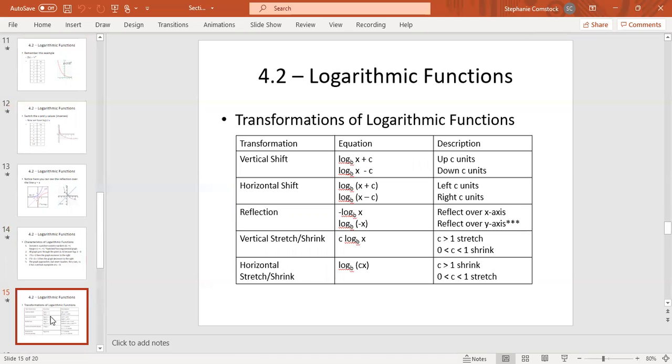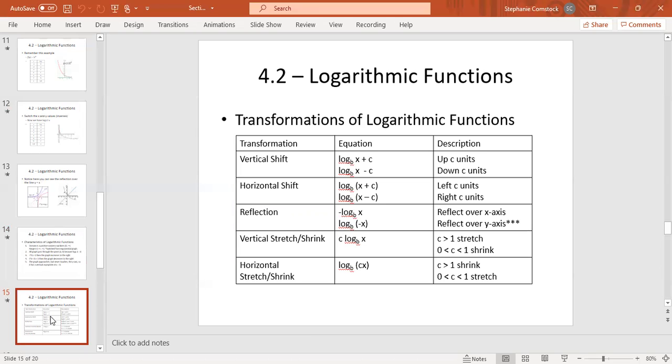If there is not a set of parentheses, it is not meant to have one, and anything that you see is meant to be at the back, like you see here with the vertical shift. So if you have your log base x, and then they just put +7, then that is up 7. Period, end of story, end of discussion. Minus will be down. If they have a set of parentheses, again, it's the opposite of what we think. Plus is left, minus is right.